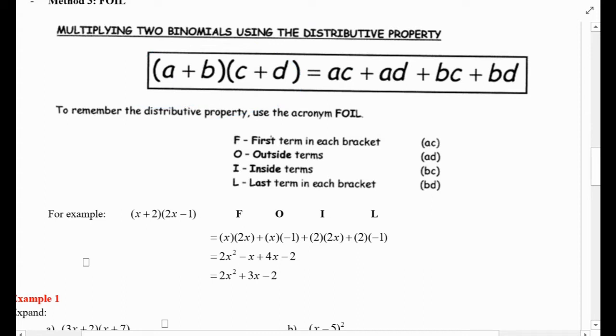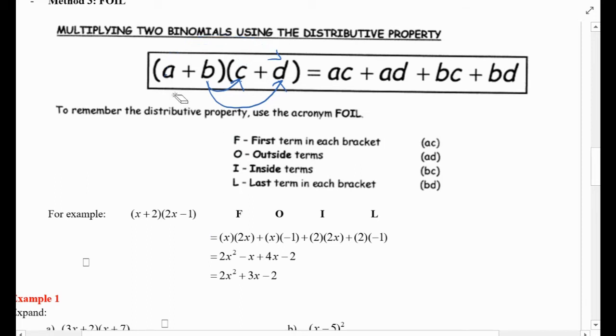So here, it's called the FOIL method because you multiply the first terms first, which is A and C, and you multiply the outside terms, which is A and D, and then you multiply the inside terms, which is B and C, and then you multiply the last terms together, which is B and D. So first, outside, inside, last. So we call this the FOIL method.